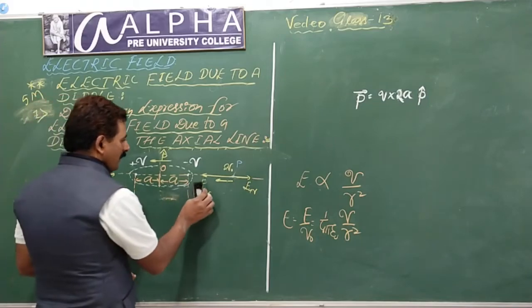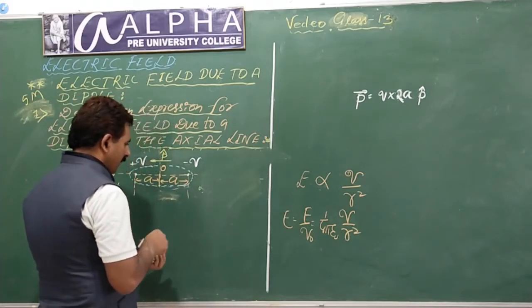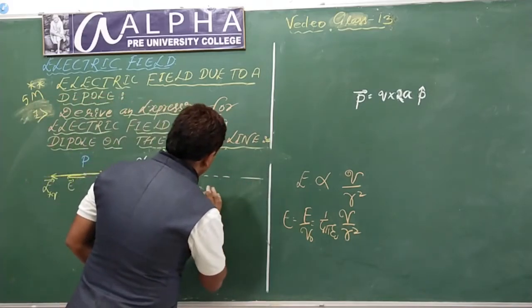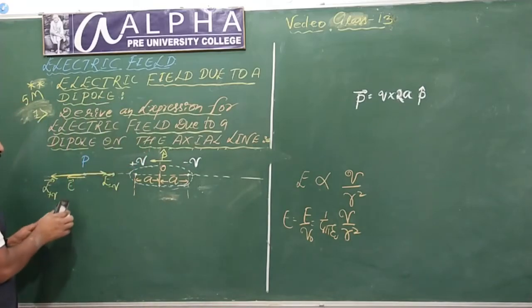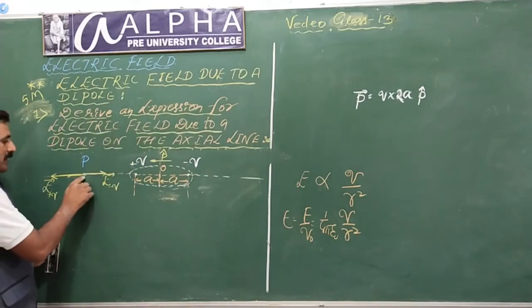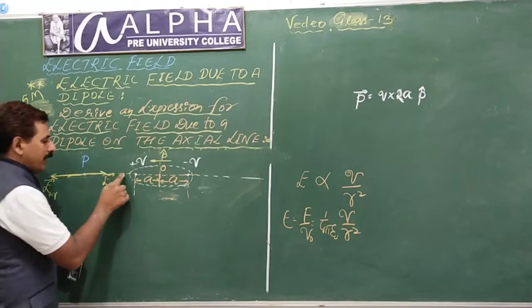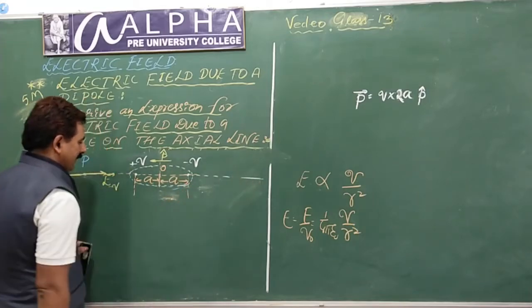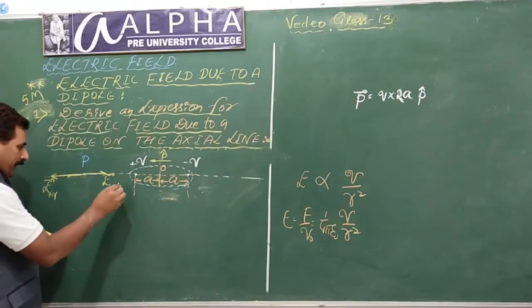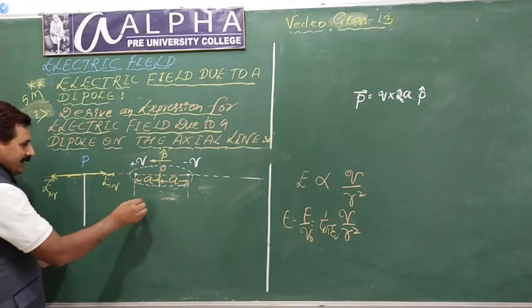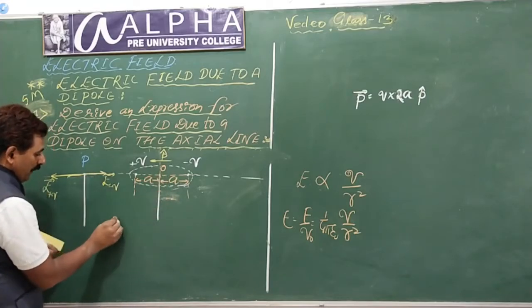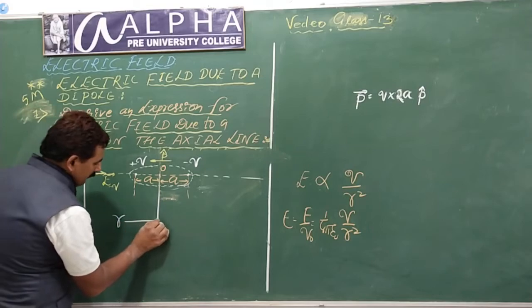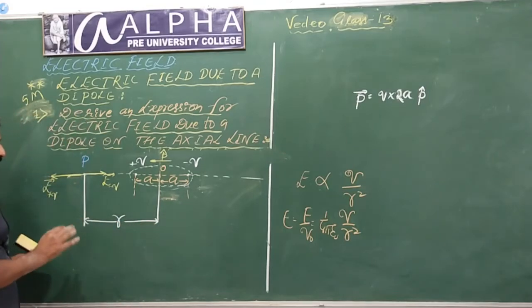Now let us consider one side. Let's redraw it. Now consider this point. At this point, I am going to write the expression. This applies for any point, left side and right side. Let's suppose a point at a distance r from the center of the dipole. Center is always a reference point.